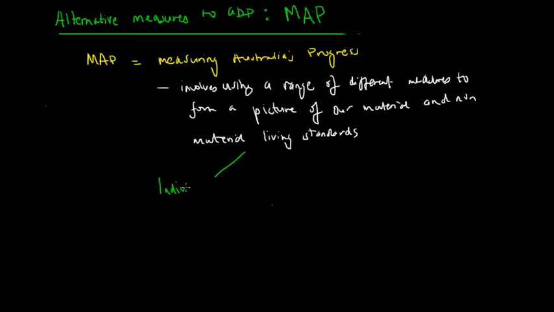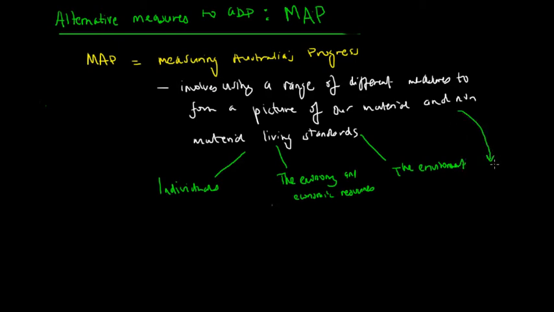Firstly we have individuals, secondly we have the economy and economic resources, thirdly we have the environment, and as we know we need the environment to fulfill this idea of sustainability in economic growth, and lastly we have living together.